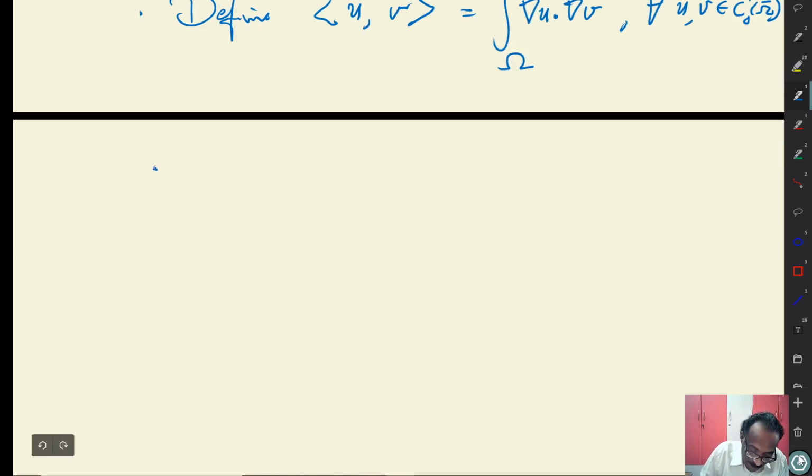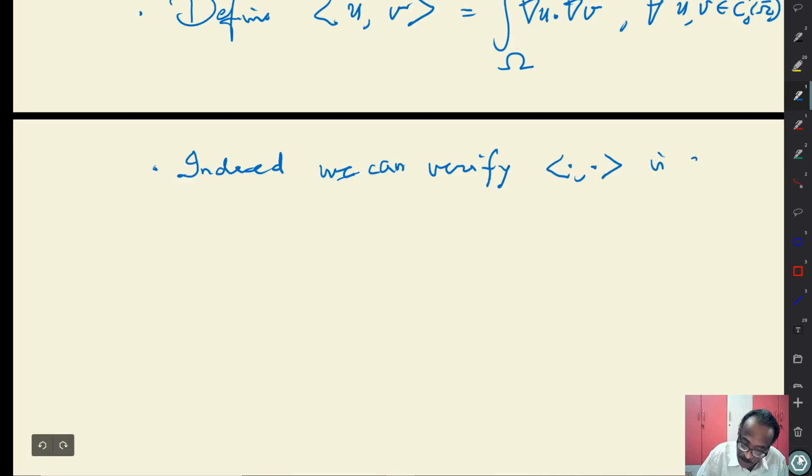Indeed, we can verify it is an inner product on H, on C^1_0.